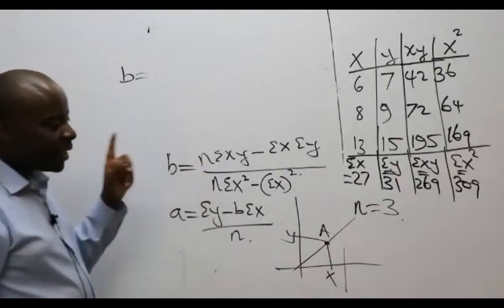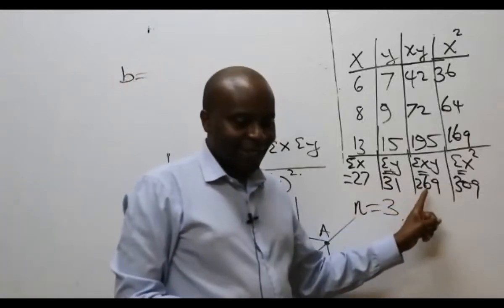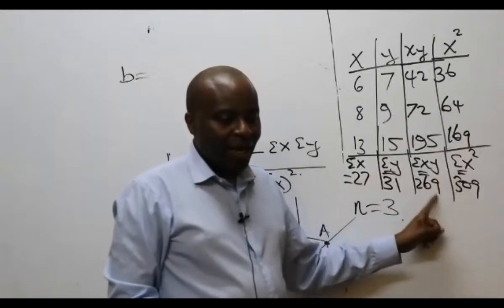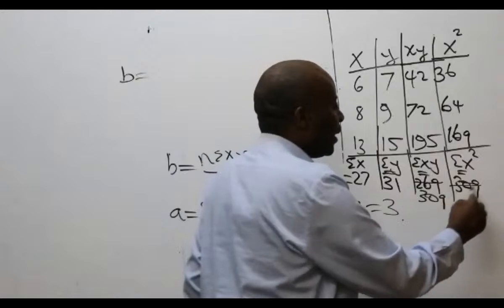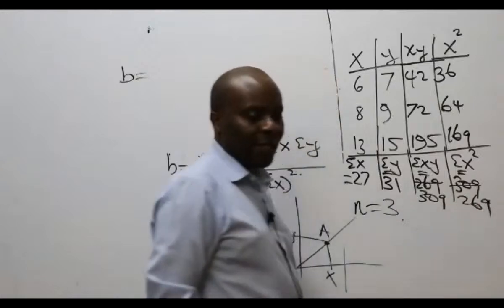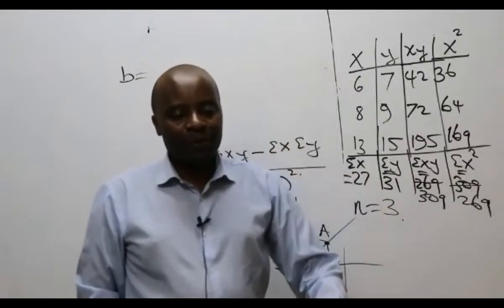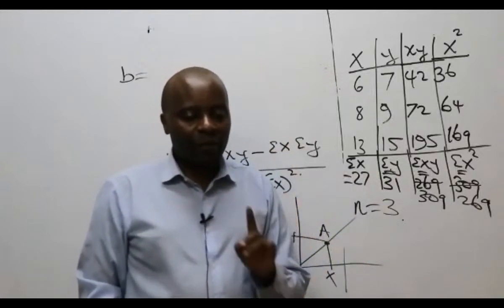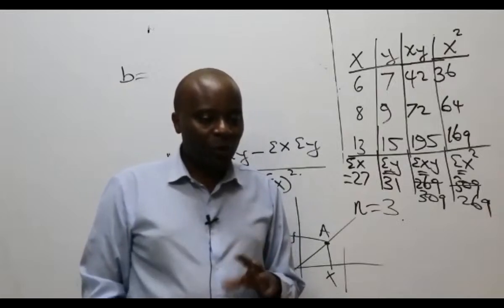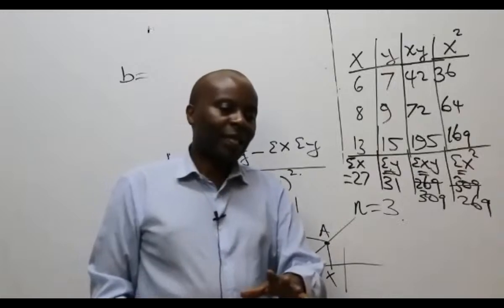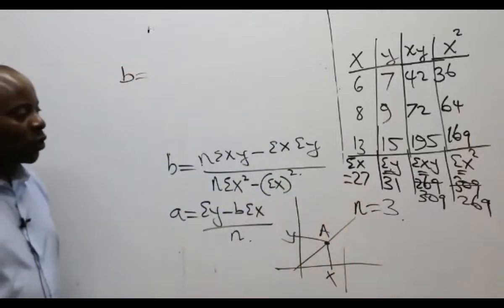Oh, Brian tells me to interchange 269 and 309, so these should be 309 and these should be 269. Can somebody confirm? Esther is saying yes. Grace, I'm yet to hear from you. Yes, thank you very much, and sorry for that erroneous swap.